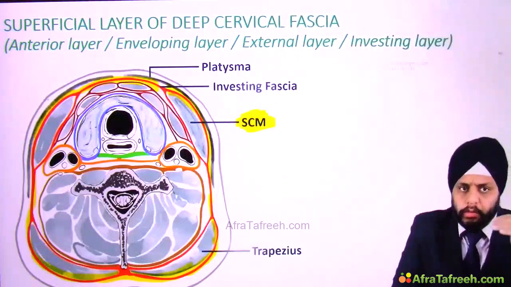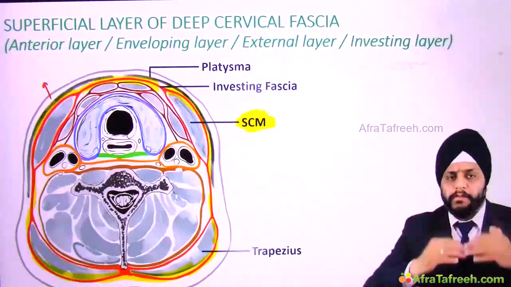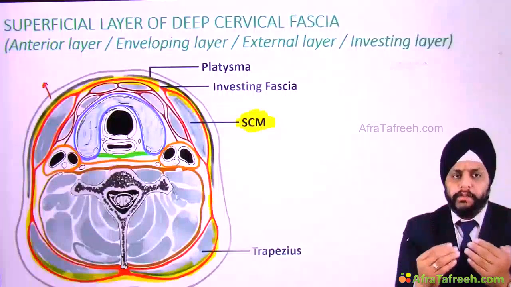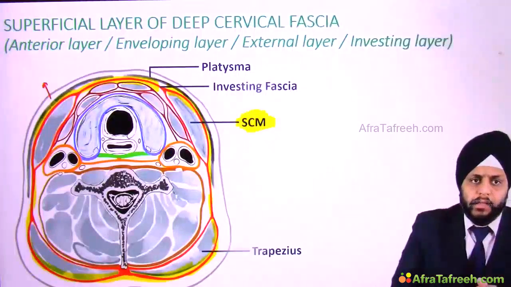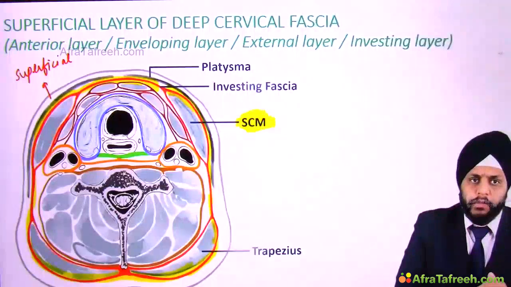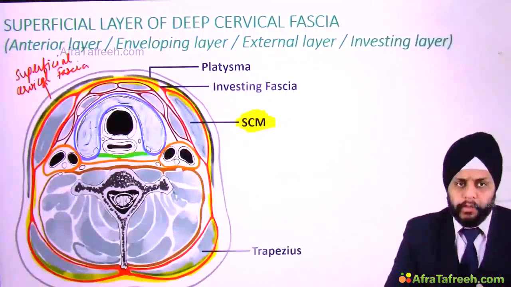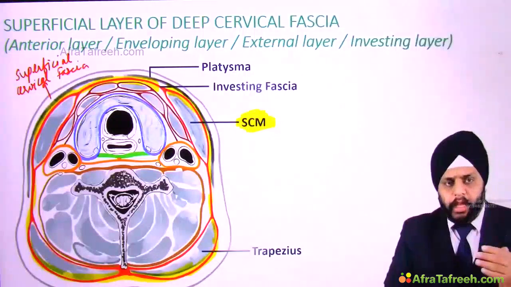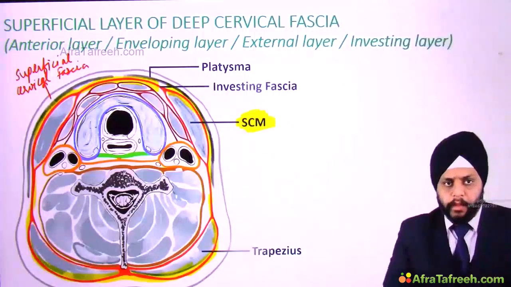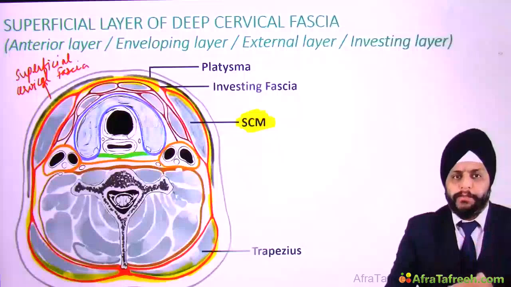Remember, I told you just before this that superficial to platysma, just below the skin, that was the superficial cervical fascia, and below that we had the platysma. Now below the platysma we have the superficial layer of deep cervical fascia.